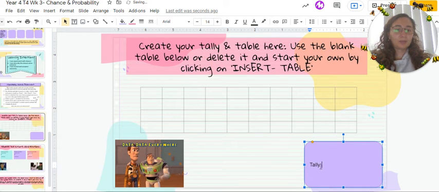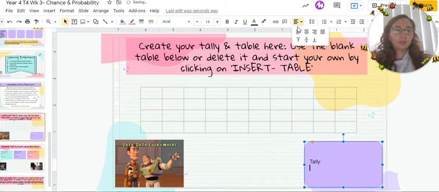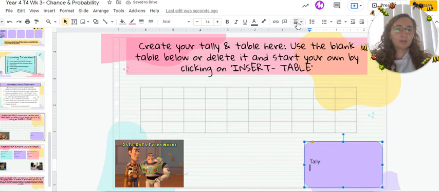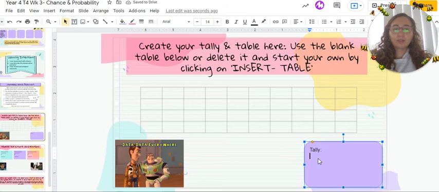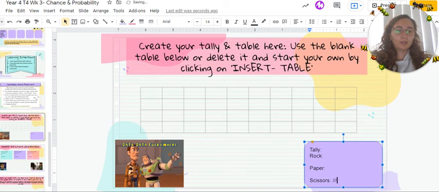Or you can even just post a picture, guys. It doesn't really matter. Alright, so we've got rock. There you go. And you can use these lines.